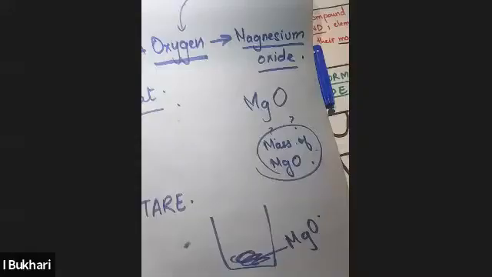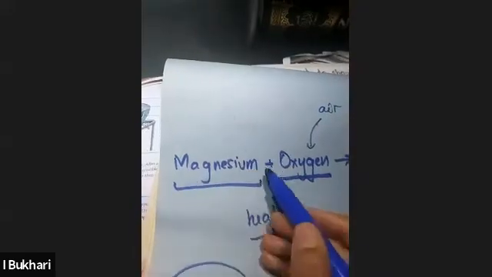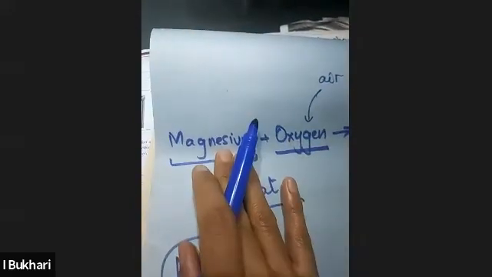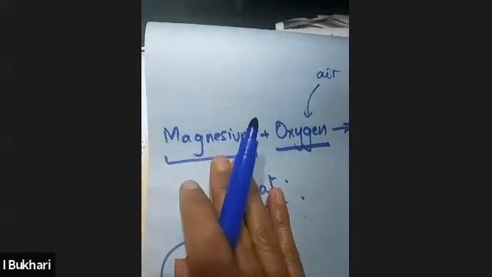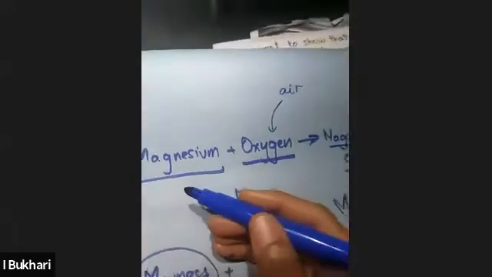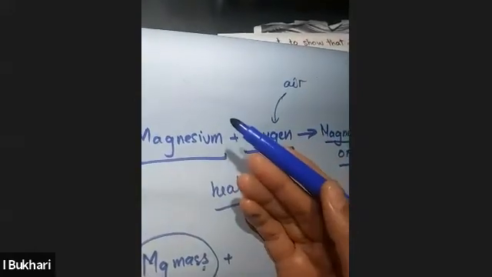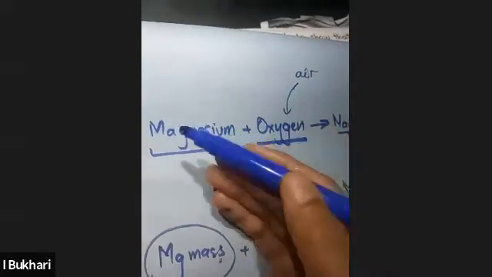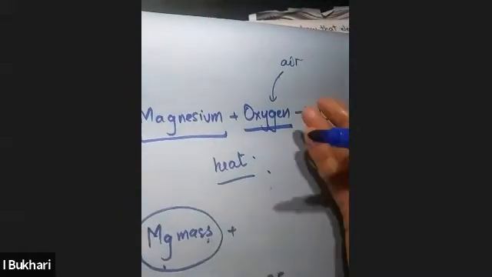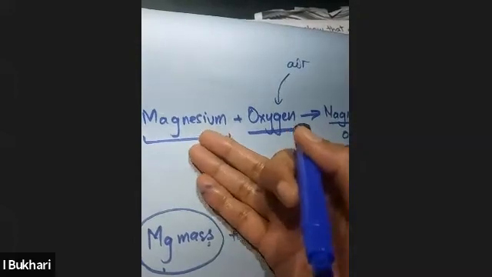Okay, let me answer that question. So you had a fixed mass of magnesium, right? You weighed magnesium. Now oxygen is from the air, an unlimited supply of oxygen, right? But when all the magnesium has reacted, there is no more magnesium left.